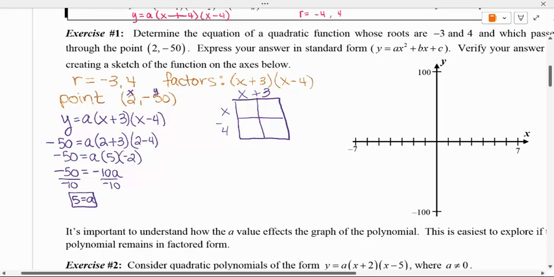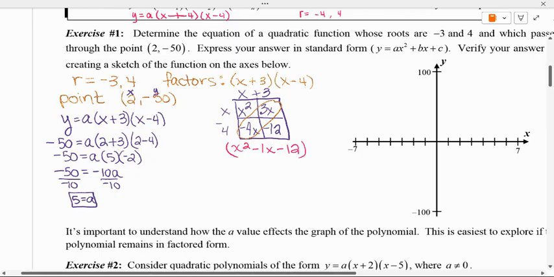So let's see. x times x is x squared. x times 3 is 3x, negative 4 times x is negative 4x, and negative 4 times 3 is negative 12. Remember that when you use the box method, typically, not always, but typically, the terms on the diagonal can be combined. So this actually ends up being x squared minus 1x minus 12.